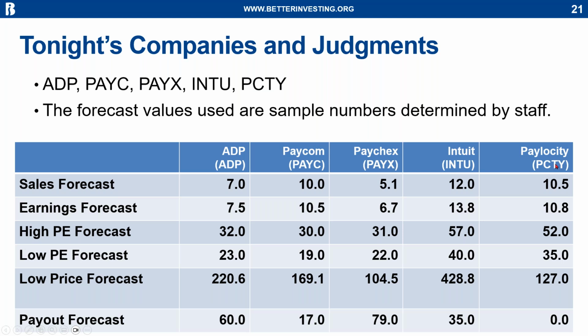These are all companies that work in the human capital management space or in payroll processing. So with that, we're about ready to go live, because we have our companies all set in the background. But before we move on, Carol, do we have any questions?